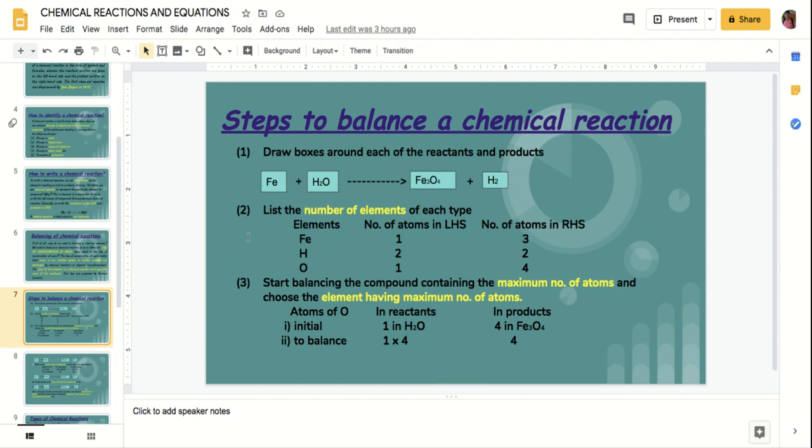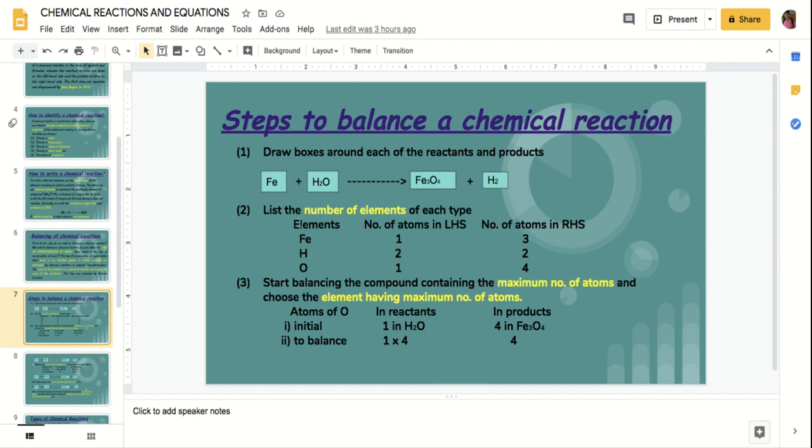Let's take that simple equation. This equation will never be given in boxes. It will always be given in a free form, and you have to draw boxes with a pencil around it so that you can understand that we have to balance these compounds.